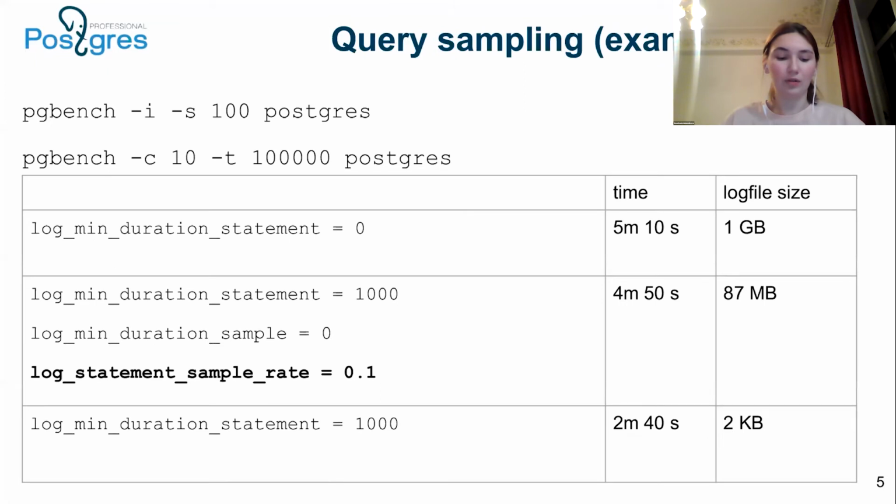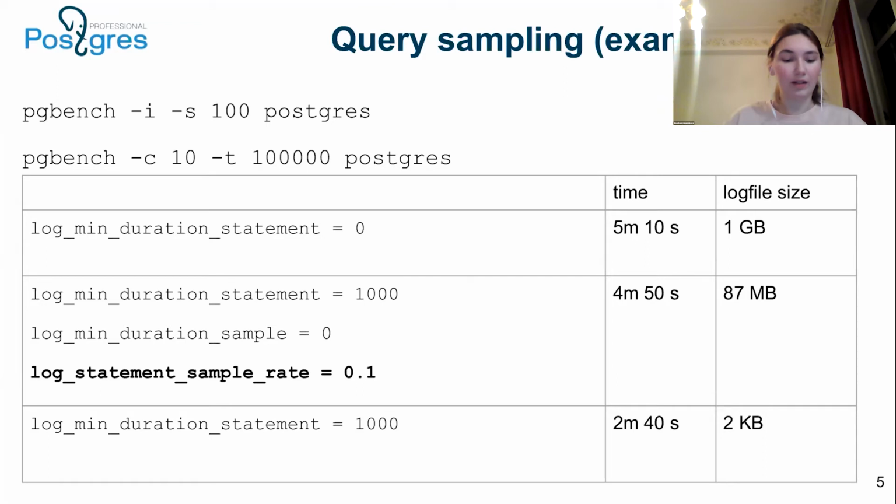Now I want to show you the difference that sampling usage makes. Here I ran just a very simple synthetic test using pgbench, its internal utility for PostgreSQL benchmarking. And I just ran 10,000 transactions with all queries logged. You can see it in the first row of the table. The second row is with sampling enabled.